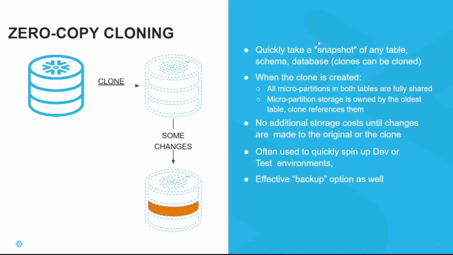So if you want to quickly take a snapshot of any table, schema, or database, you can use zero copy cloning. As we said, no additional storage cost will be charged because the clone is made from the original.